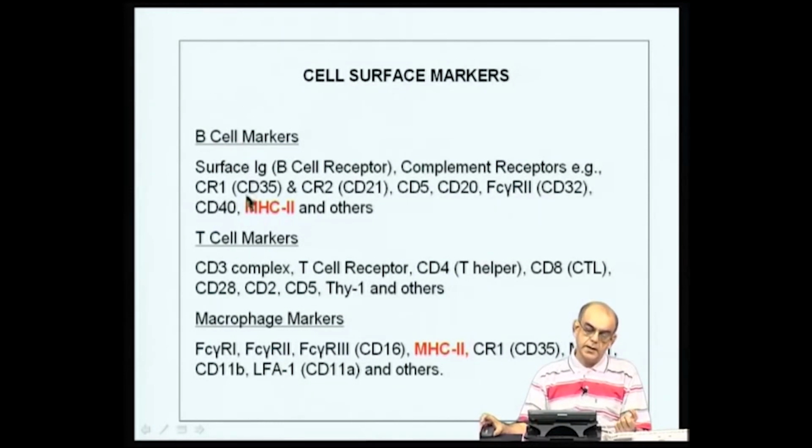Now, in this slide I have noted this MHC2 in red, because we are now going on to the classes that will cover the molecule called MHC, which stands for major histocompatibility complex. Histocompatibility, because these are the antigens or the locus that determines how grafts are rejected.